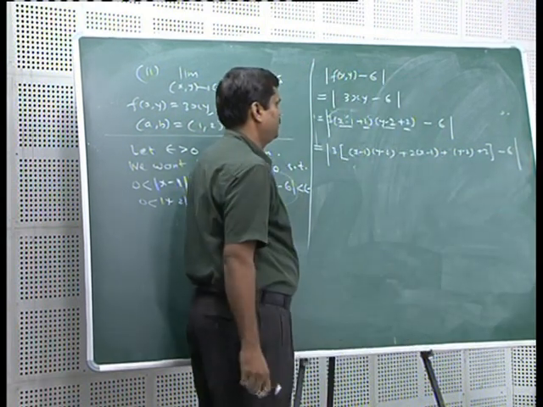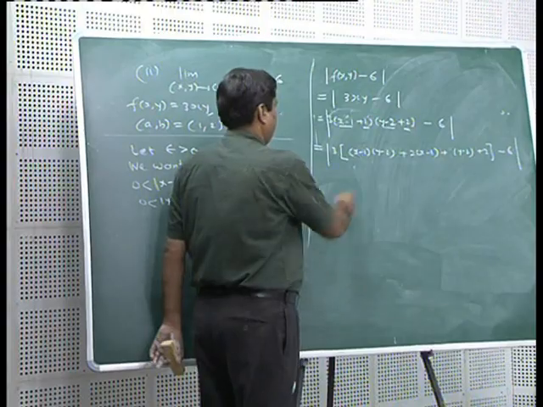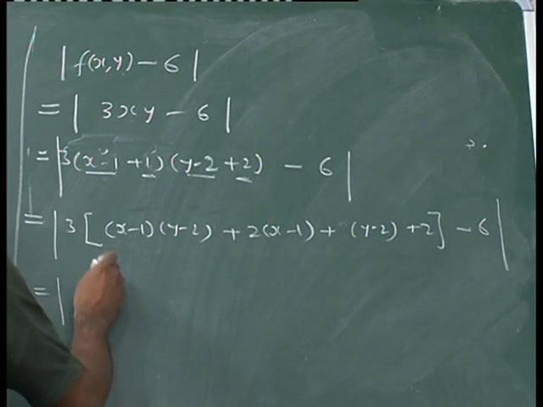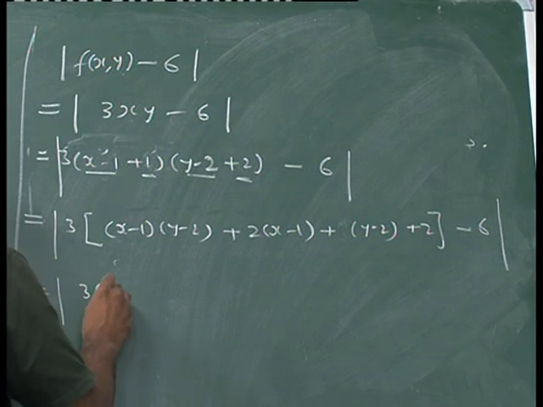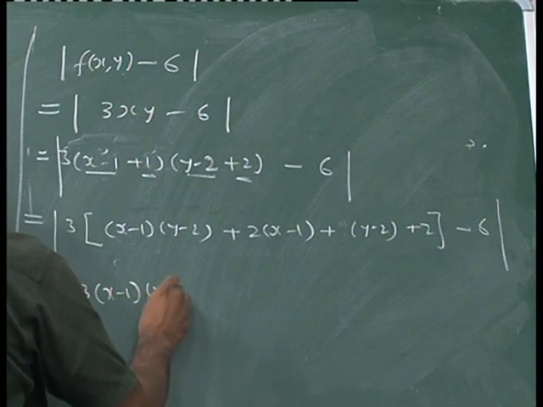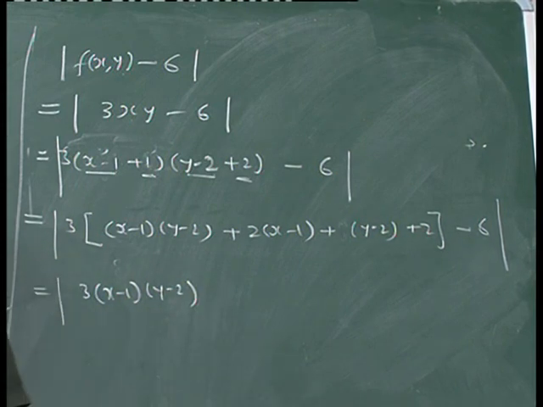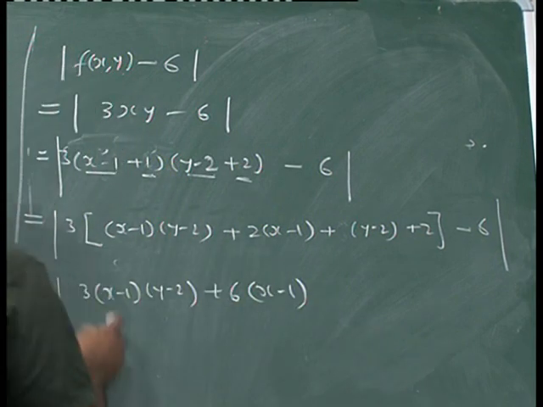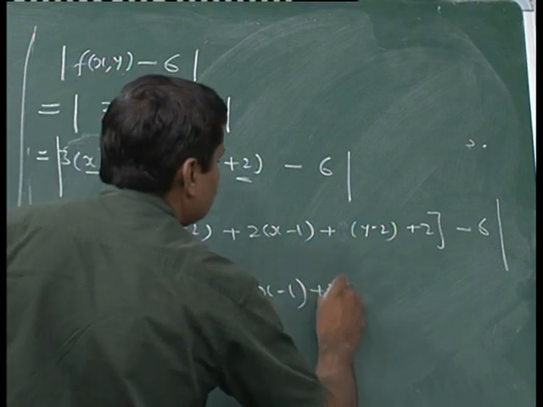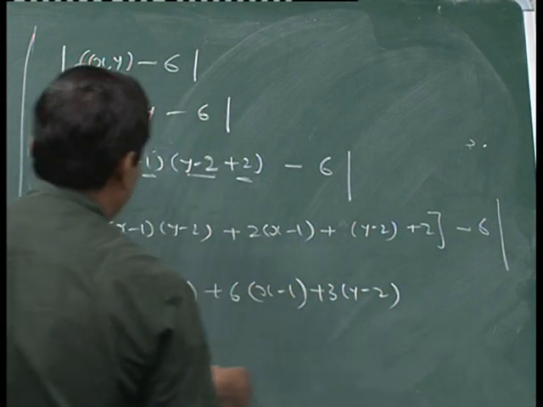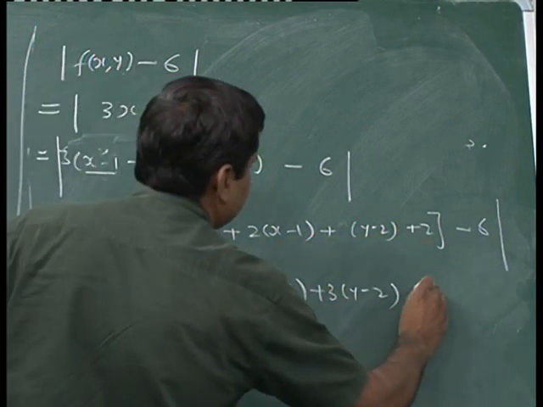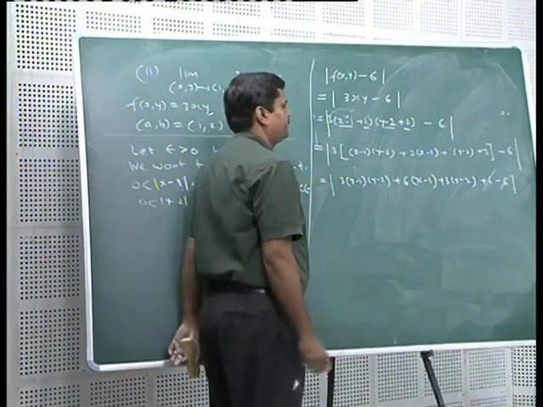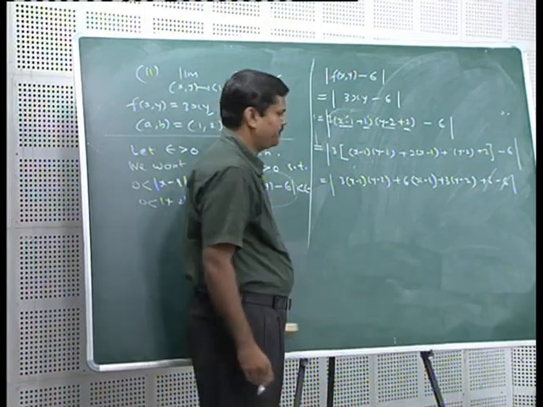Multiplying by 3 you get 3(x - 1)(y - 2) + 6(x - 1) + 3(y - 2) + 6 - 6. So, these two will be cancelled.